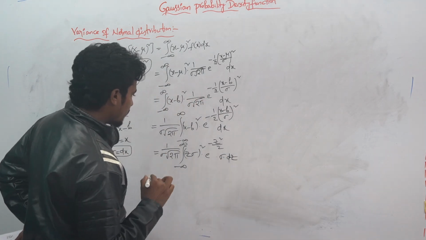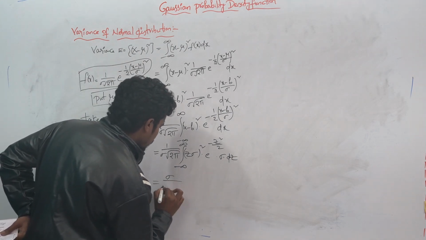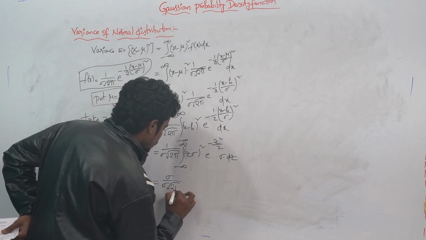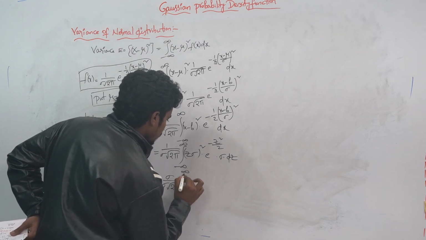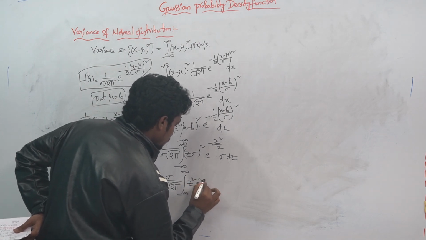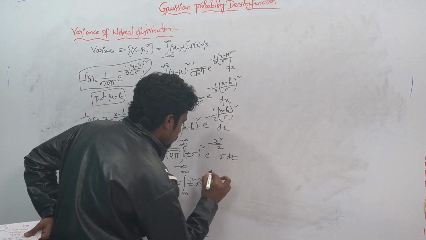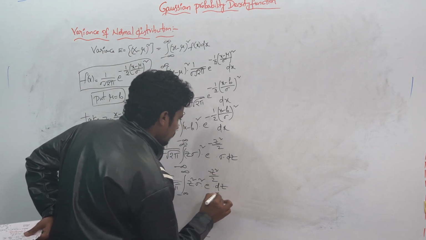So here put the constants outside, that will be sigma by sigma into root 2 pi, integration from minus infinity to infinity of z square into sigma square into e power minus z square divided by 2 into dz.